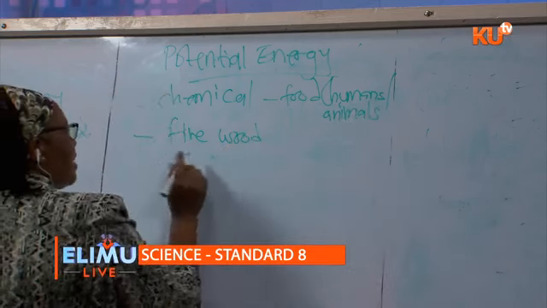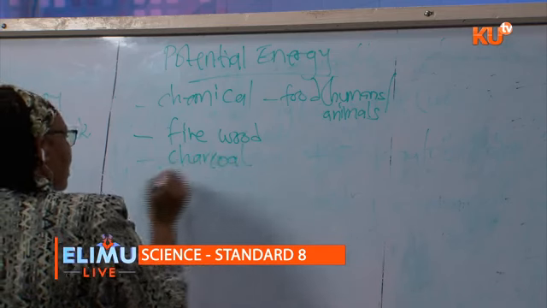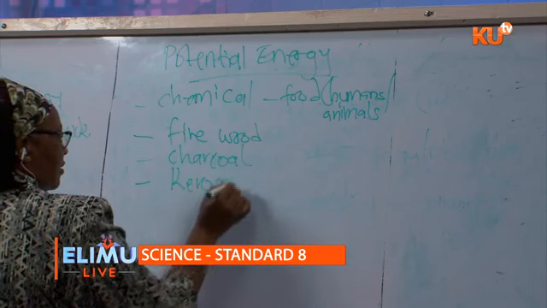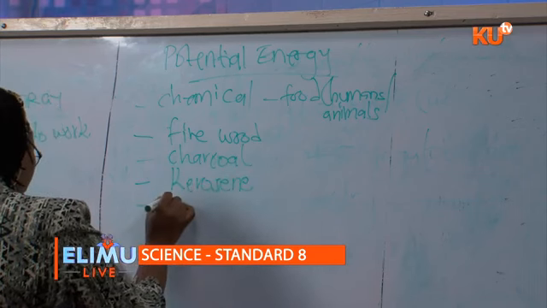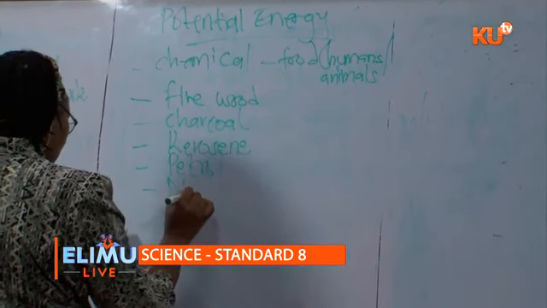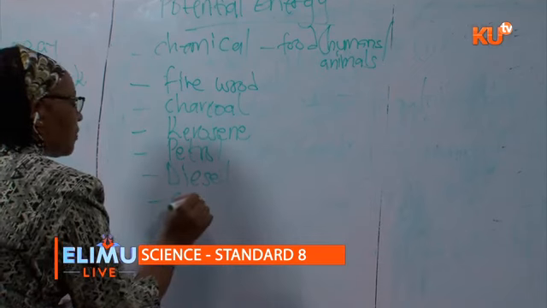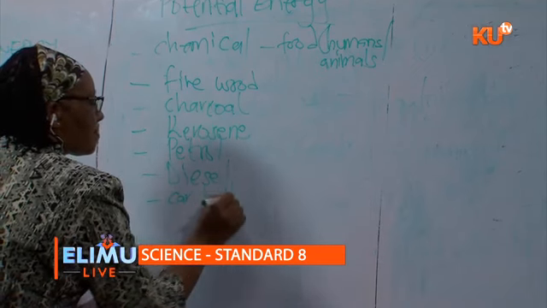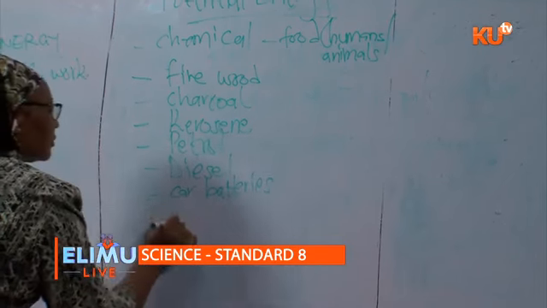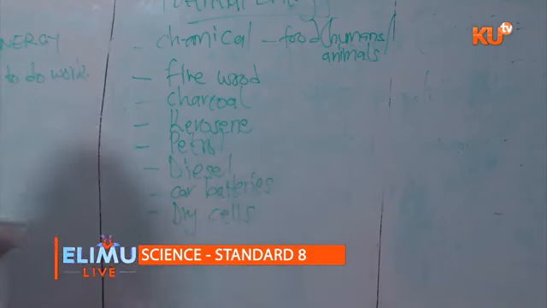When you want to produce some heat, we use firewood, we use charcoal, we use kerosene. We also use petrol in vehicles, we use diesel. We also use dry cells in radios and in torches.